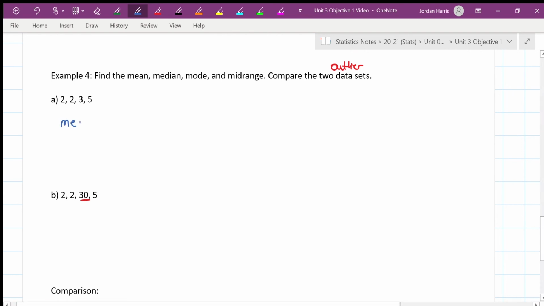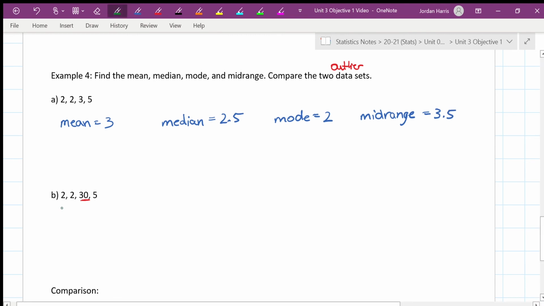So my mean of this first data set is 3. My median is 2.5. My mode is 2. And my mid-range is 3.5.